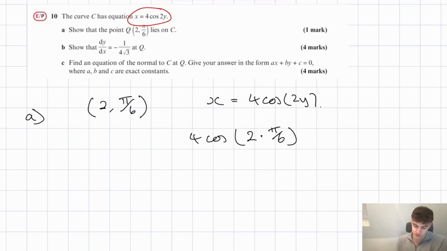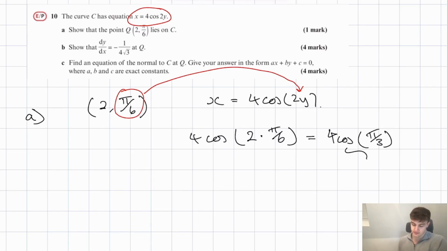So all I've done there is I've just put the pi over 6 in where the y is. So that's going to give me 4 cos of pi over 3. This is a half, so that gives me 2. Okay, so point Q lies on C.